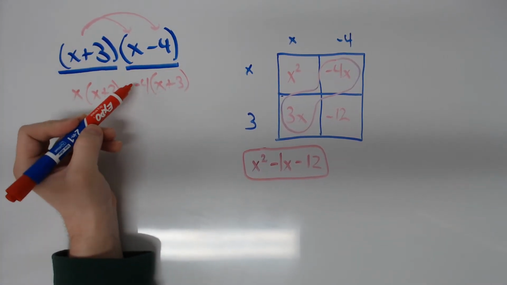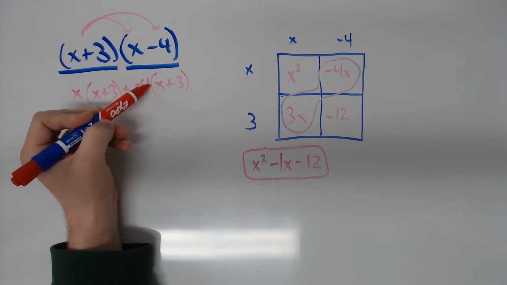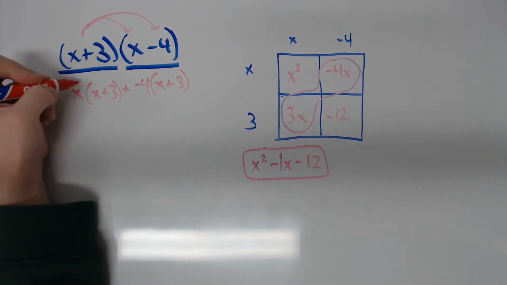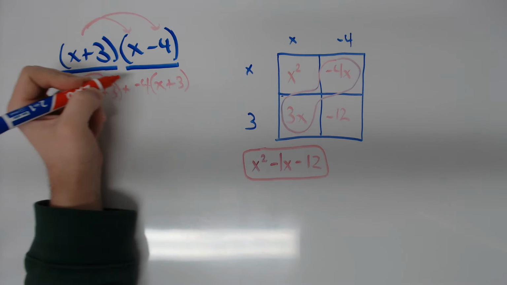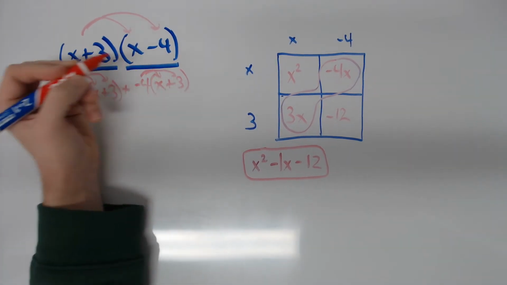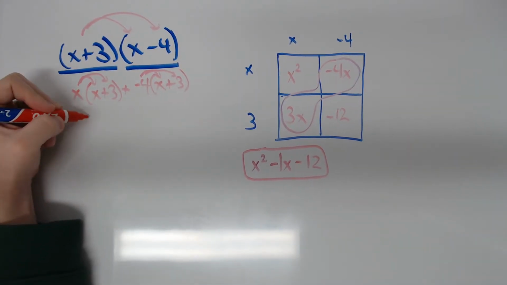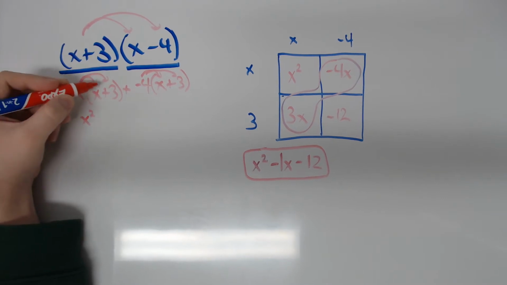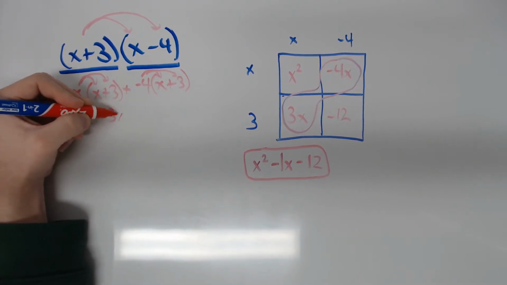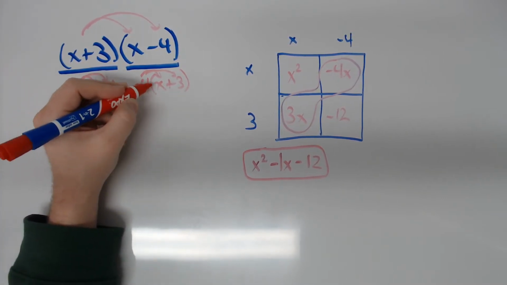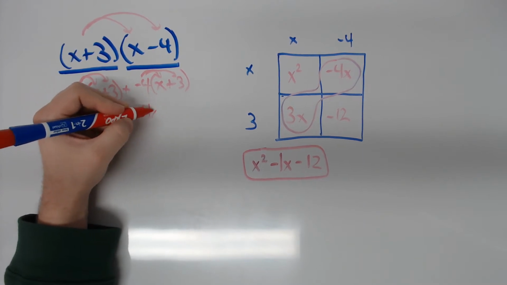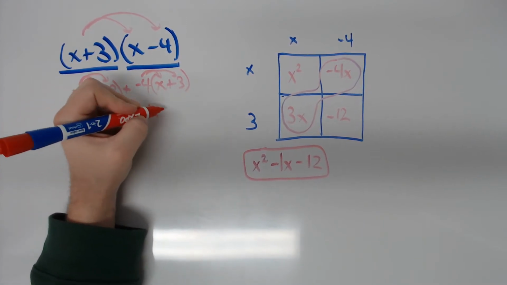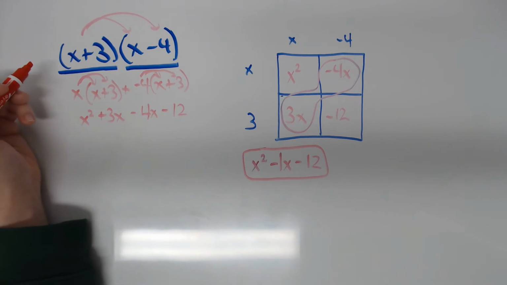I could have done minus 4, but I wanted to make it very clear that negative 4 was going to be distributed. Now I do x distributed in, negative 4 distributed in. X times x is x squared. X times 3 is 3x. Negative 4 times x is negative 4x. Negative 4 times 3 is negative 12.